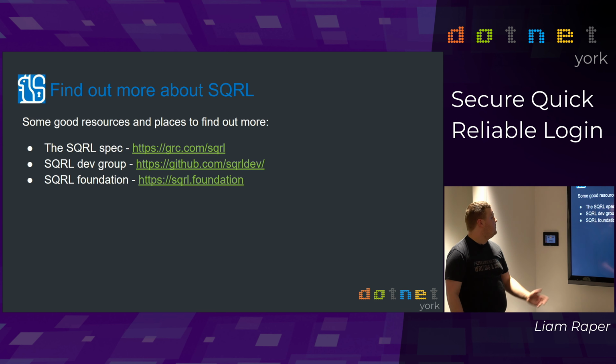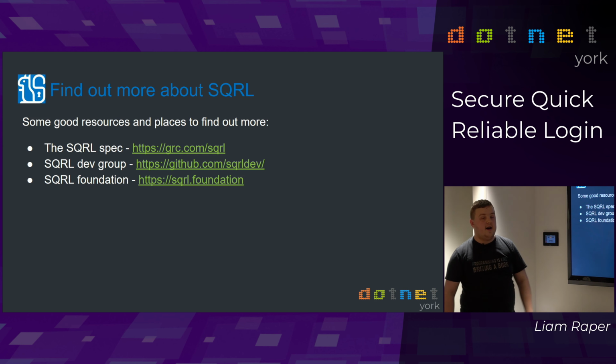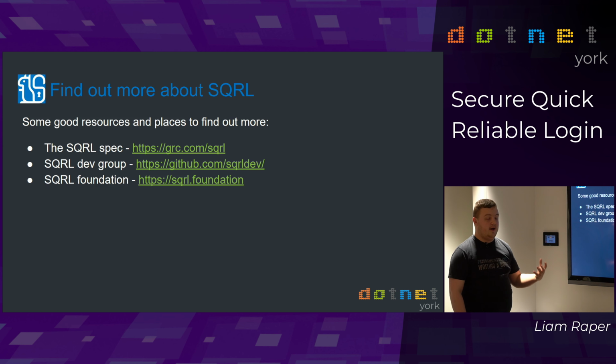If you want to know more about Squirrel, there's the spec at grc.com/squirrel. There's a very deep dive into the Squirrel specification, there are 4 documents on that website. There are 2 talk videos by Steve Gibson on Squirrel, so if you really want to get deep knowledge on Squirrel, you can watch those and read those documents.